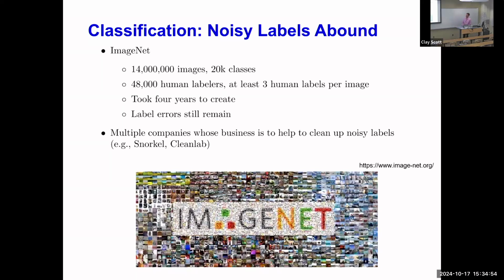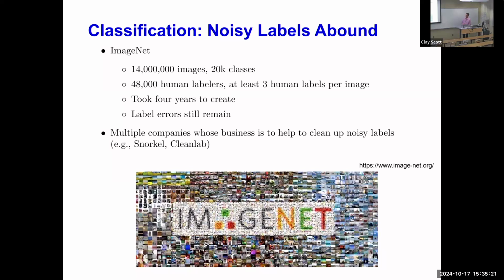Noisy labels are just a fact of life in modern machine learning. To motivate this, think of ImageNet, which supposedly has accurate labels, obtained using 48,000 human labelers.